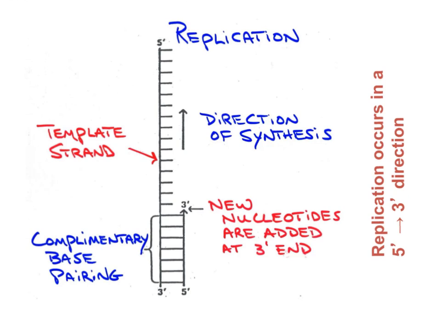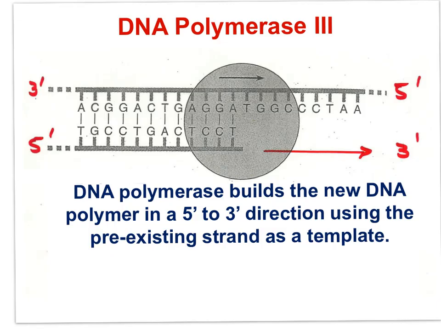Here is another image displaying the 5 to 3 direction of DNA replication along a template strand. New nucleotides are added onto the 3 carbon end here, so this strand would grow in this direction, 5 to 3. To foreshadow the next movie in the series, we can see DNA replication occurring in a 5 to 3 direction here against a template strand.